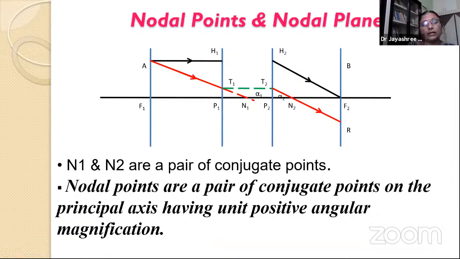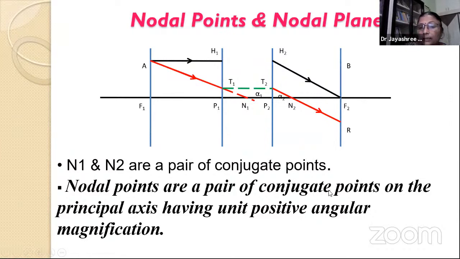And hence whenever we have to find points with the feature of unit positive angular magnification, it is basically N1 and N2. See in this figure, in the schematic, what are N1 and N2? They are nothing but a pair of conjugate points.